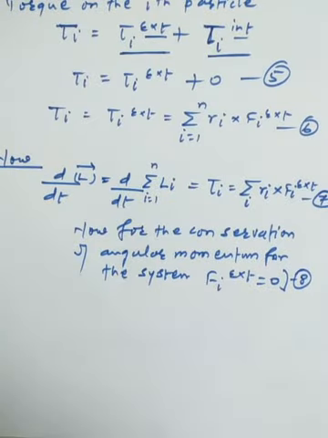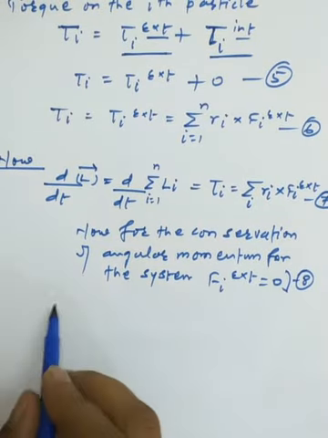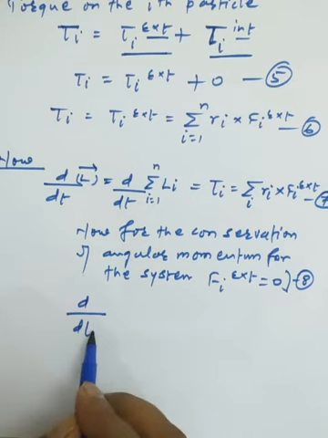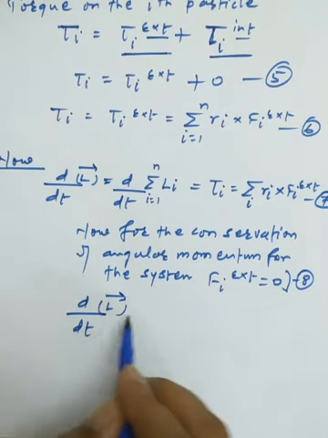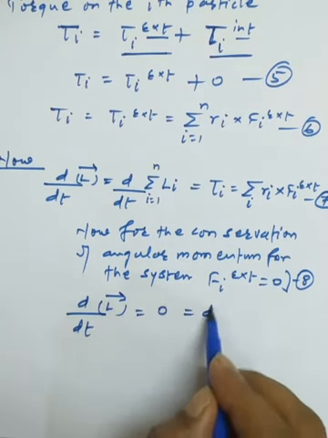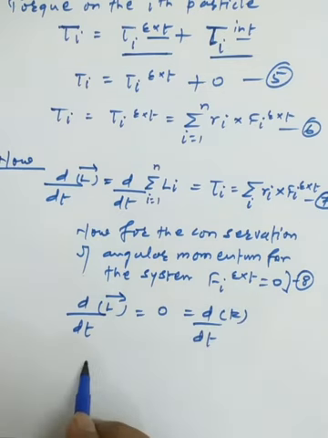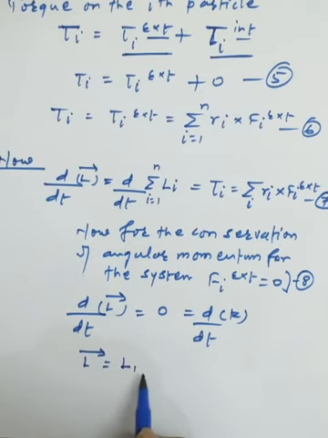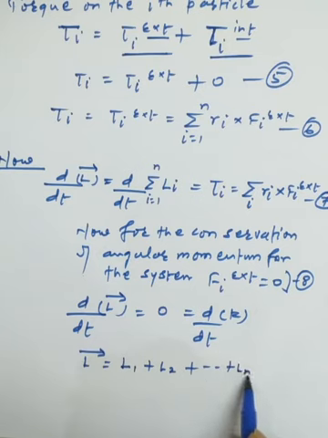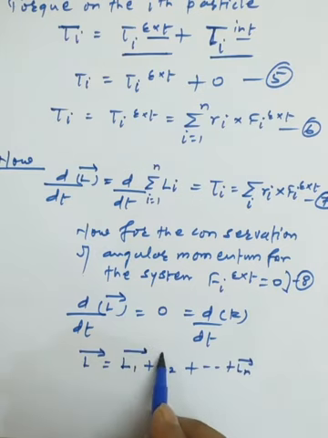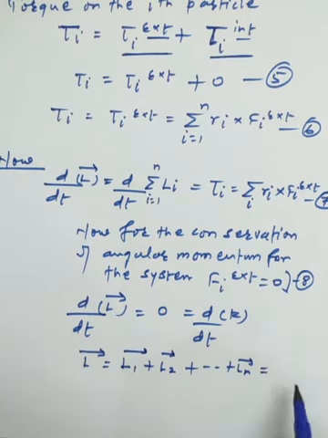So we are using the basics of the previous system, that dL/dt is 0, and we easily know that the derivative of a constant is 0. So the system L1 plus L2 plus dash dash dash plus Ln, the angular momentum for the system, always remains constant.